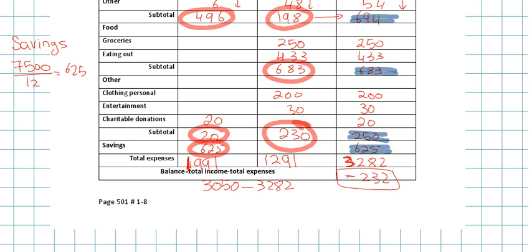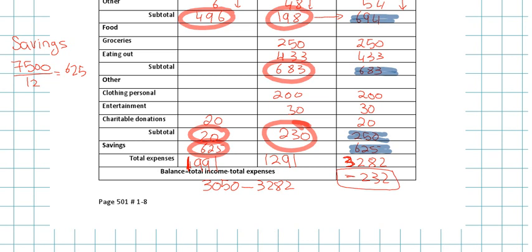Don't forget she's putting $625 in savings. If she wants to save that $7,500 in 12 months, she better cut some of her expenses in order to actually save that money.